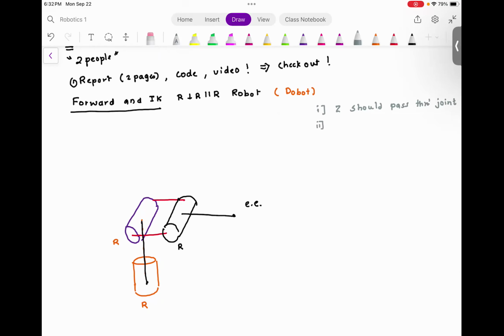Second, Xn must intersect Zn minus 1. And the third rule is you have to use the right hand coordinate system.